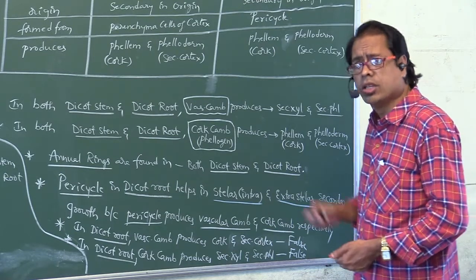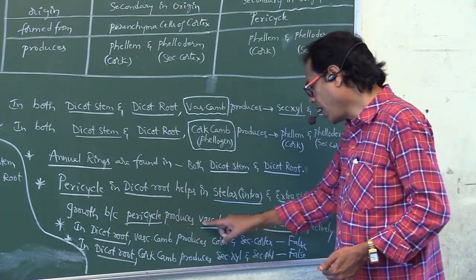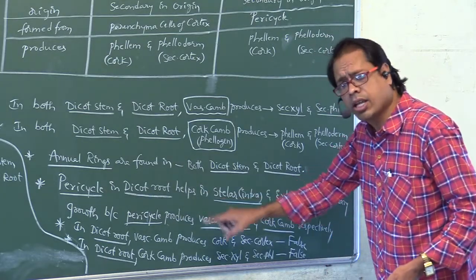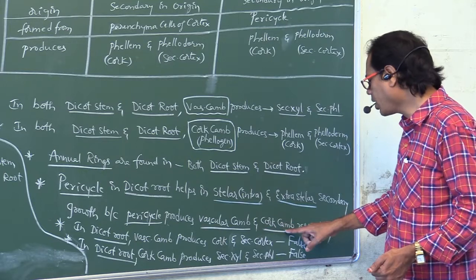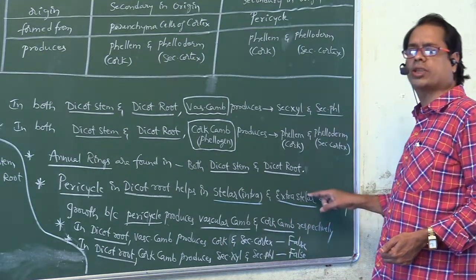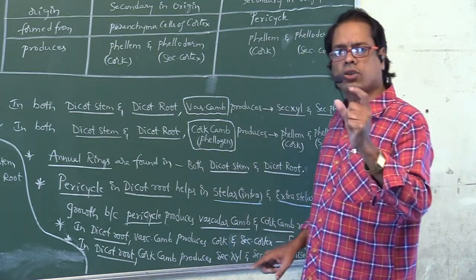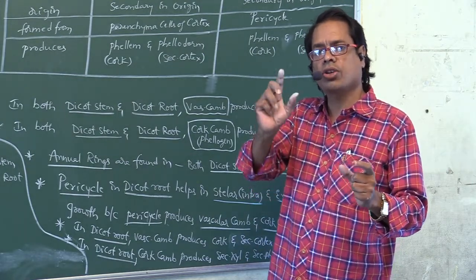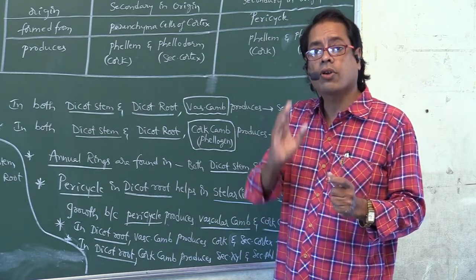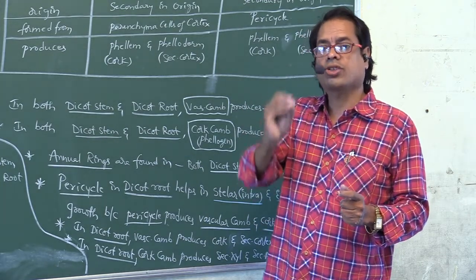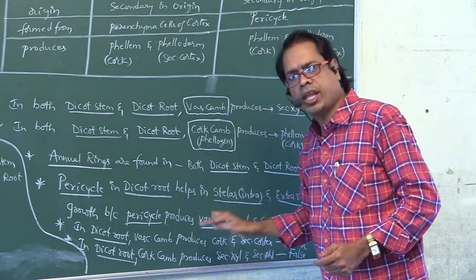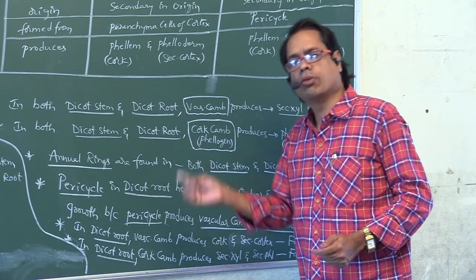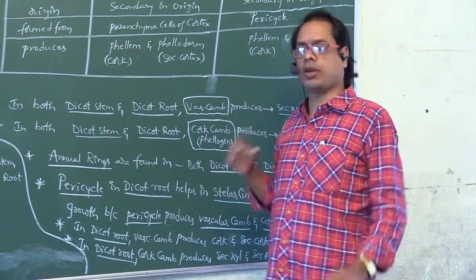This pericycle produces vascular cambium in intrastellar secondary growth, also called stellar secondary growth, and the same pericycle also helps in the formation of cork cambium during extrastellar secondary growth. So the pericycle in dicot root helps in the formation of both vascular cambium and cork cambium.